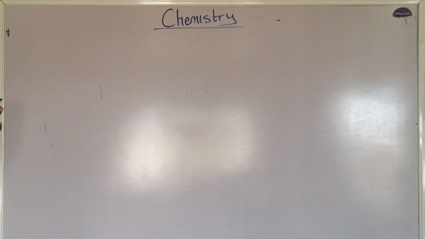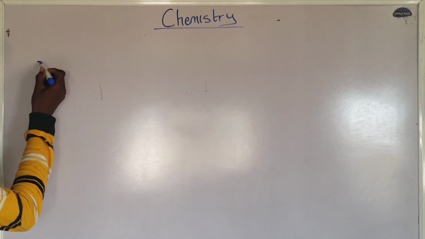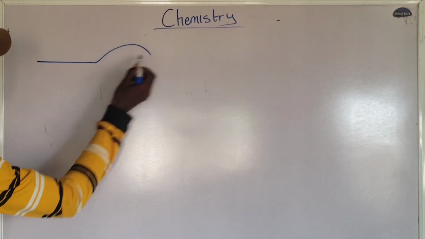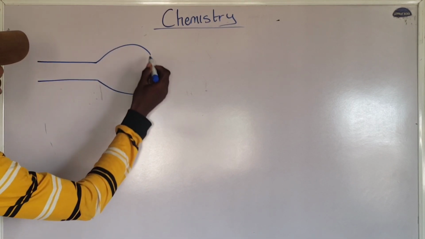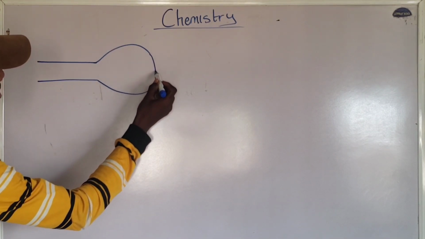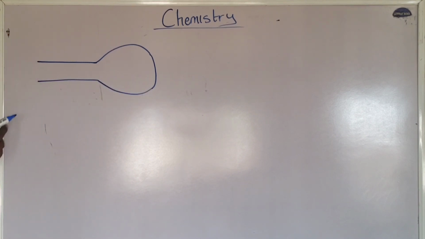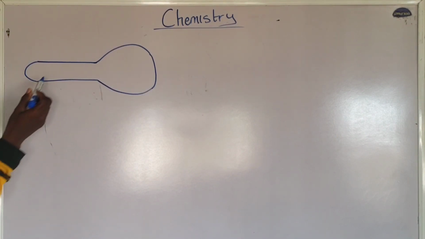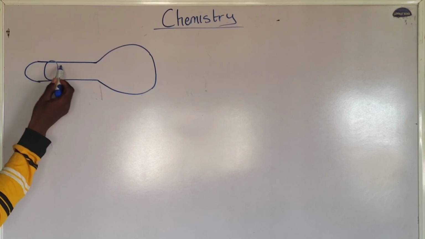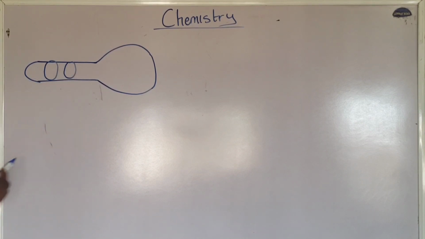This is how a cathode ray tube looks like. Here we have one end and we have a plate, and we have a second plate. This is a typical representation of a cathode ray tube.